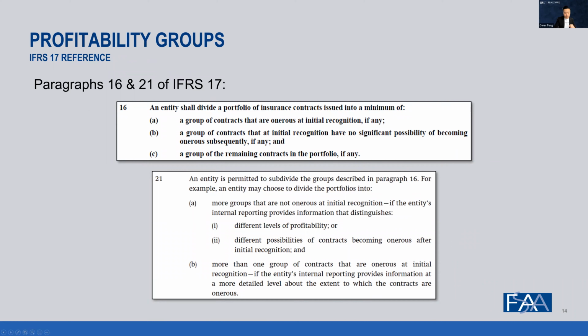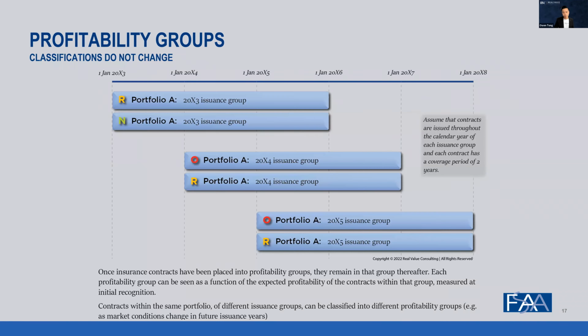Then over time, things have changed and it is now profitable. Does that change the grouping? The answer is no. The grouping that you determine is the grouping that applies to the contract from the start, and the grouping doesn't change afterwards.